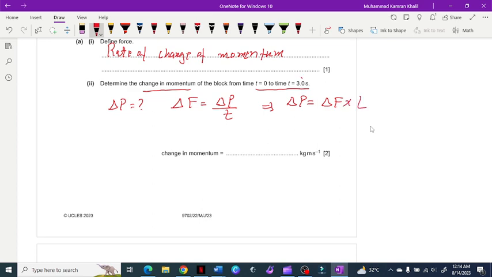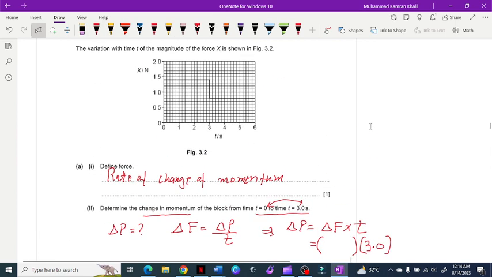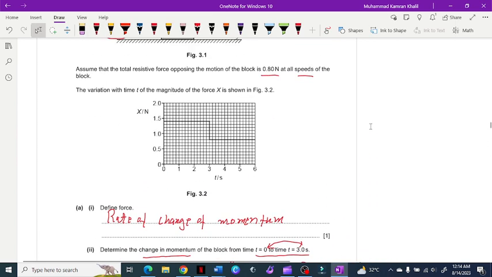Now the time interval we can calculate over here. The time interval will be 3.0 seconds. And now what is the change in force for the first 3 seconds? We will move back onto the diagram, and it is 1.4, and this line is 0.80.